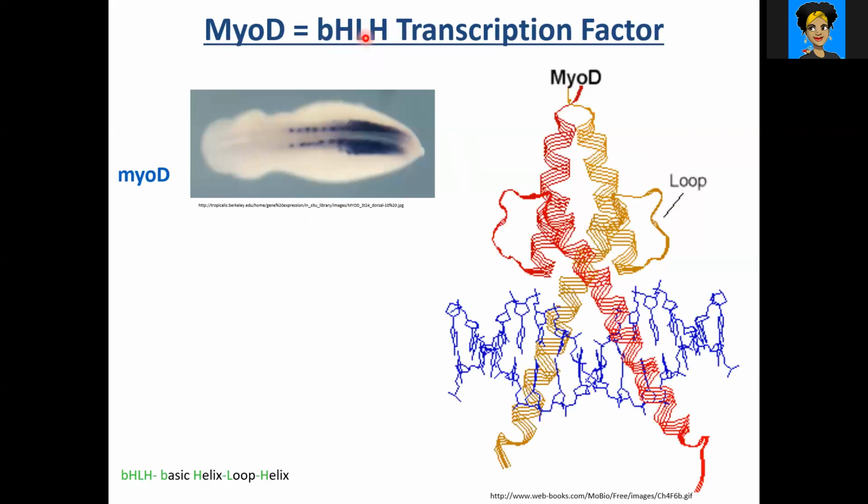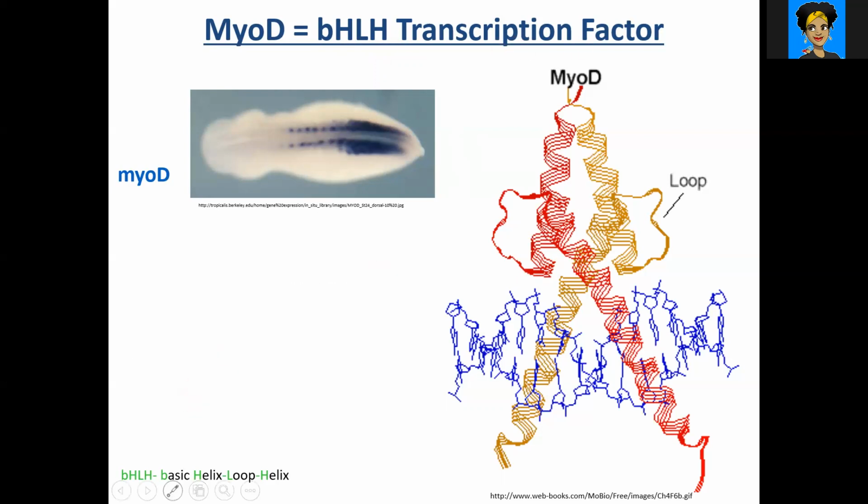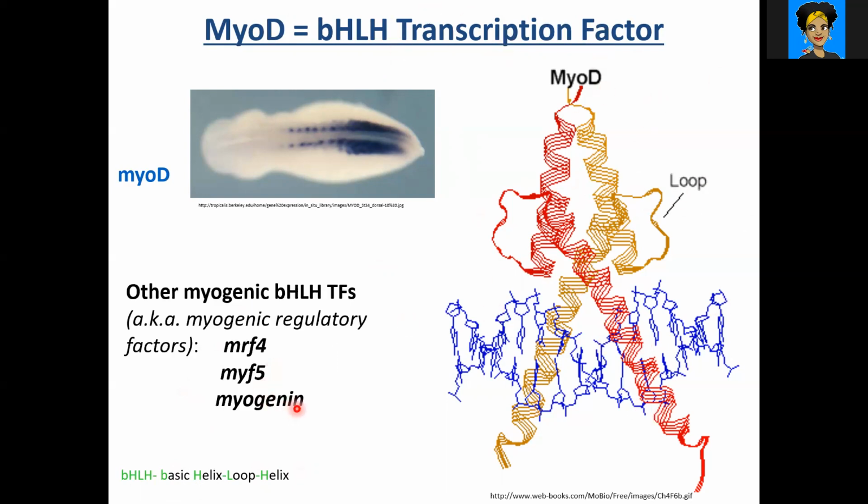And so a bHLH transcription factor just stands for basic helix-loop-helix, and that just refers to the shape. They just group all transcription factors that have this type of shape into this category. So it's not super important. But the myogenic transcription factors are MRF4, MYF5, and then myogenin.